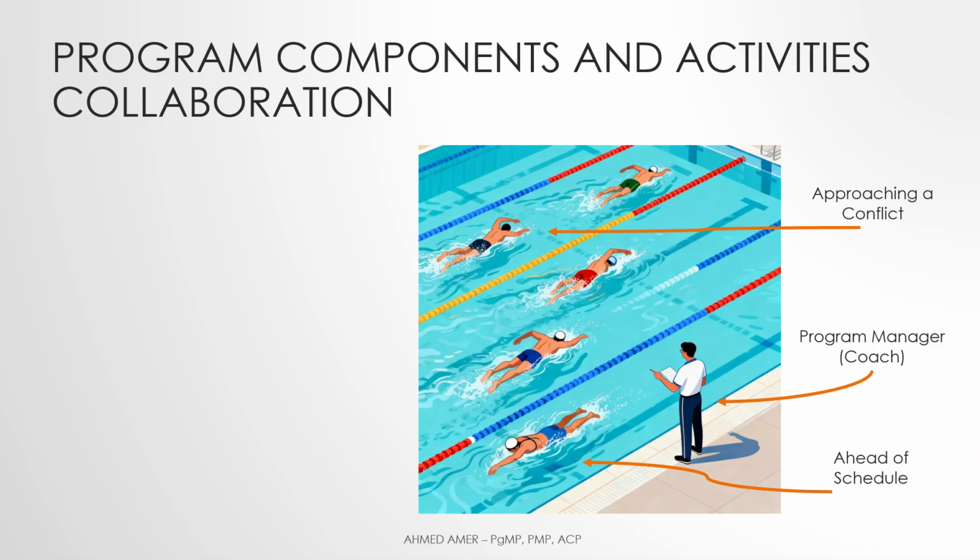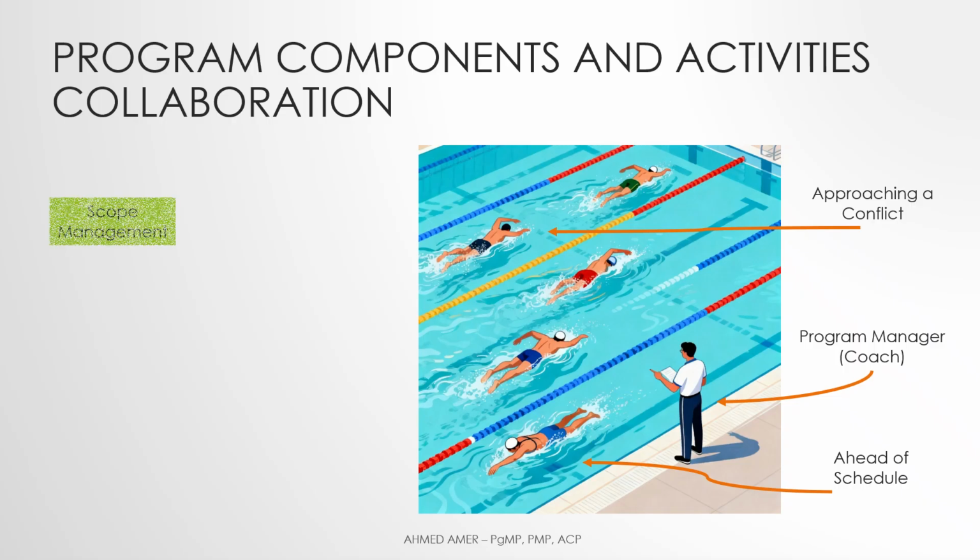In other words, the program manager's primary objective is to ensure the success of the program even if some individual components do not. The balancing aspect of collaboration stresses this one thing.